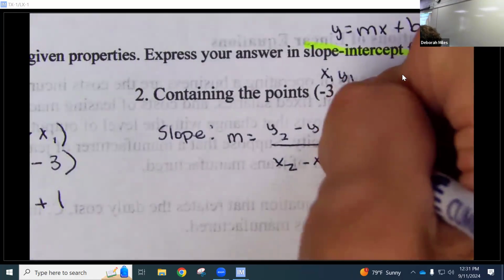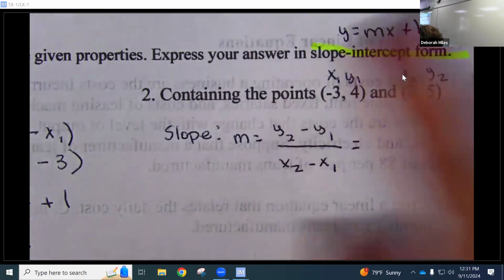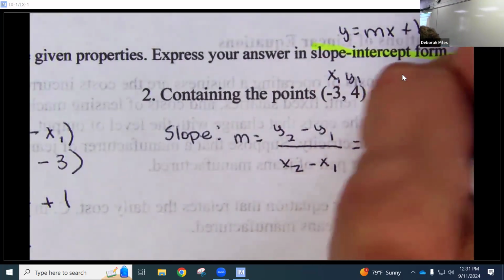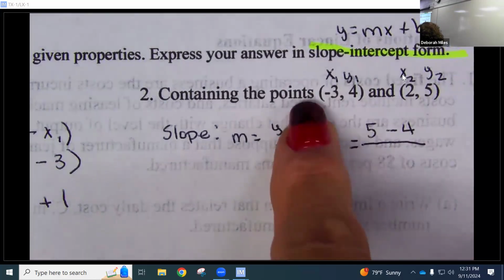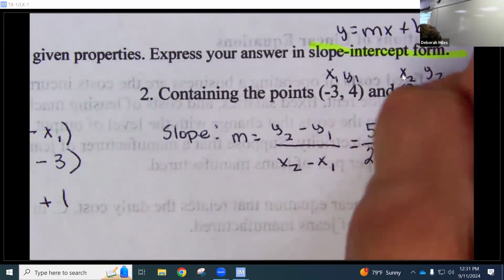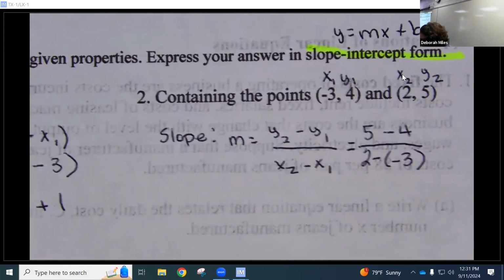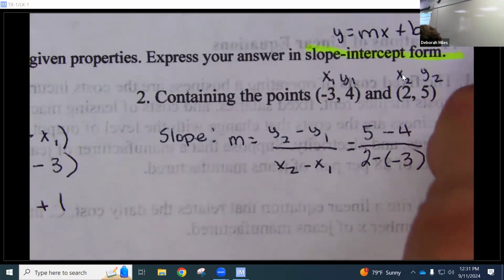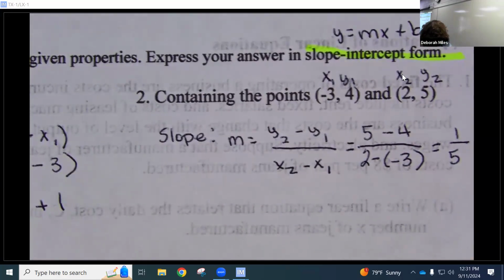Plug those into the slope formula. Y2 minus y1 is 5 minus 4. X2 minus x1 is 2 minus negative 3. Clean those up as much as possible, and you get the slope of 1/5.